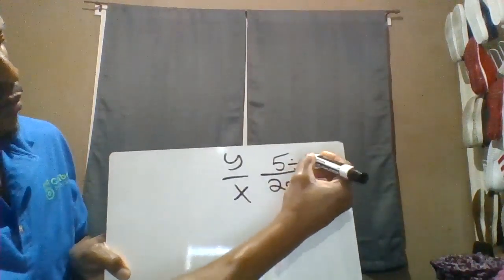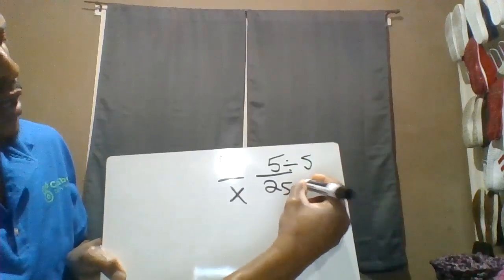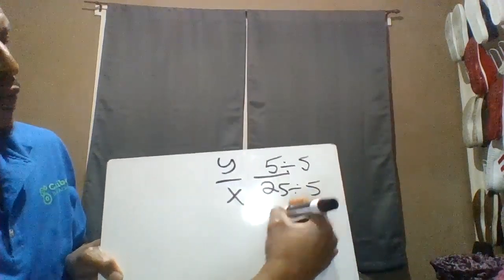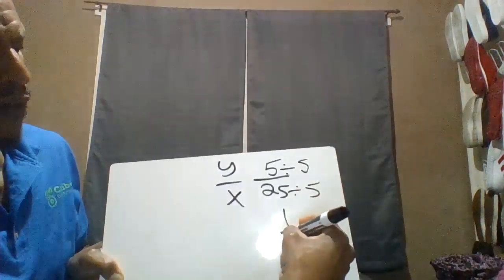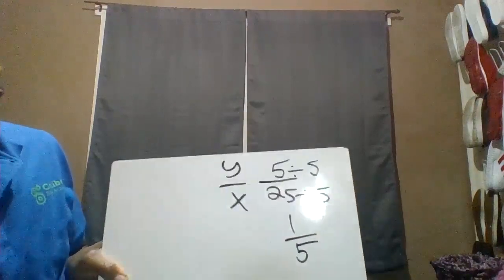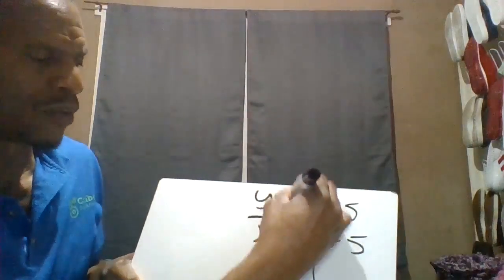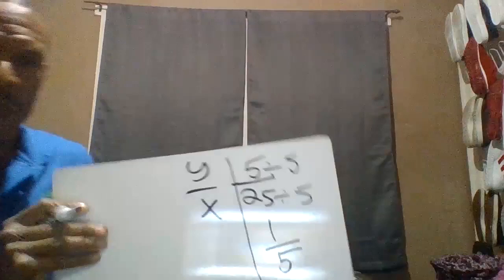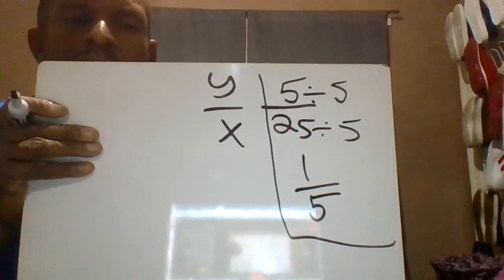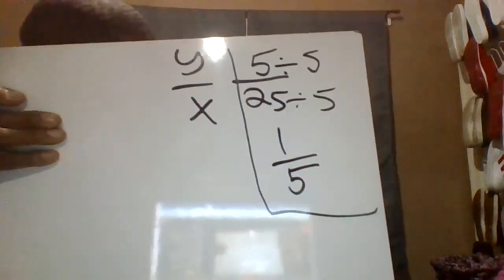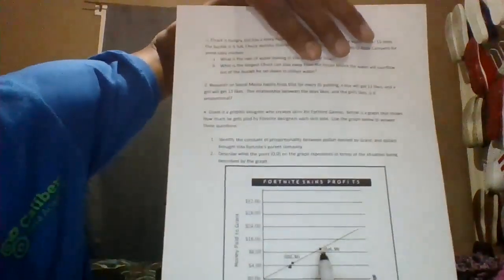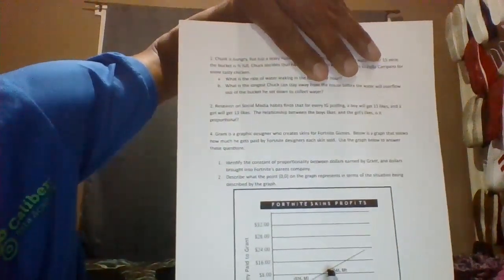One way to do this is use a smart cut. I'm going to hit it with a 5, hit it with a 5. Now I got 1 over 5. So I can stop there, and I will. Now let's take a look at the next point, the one that's right here. Let's take a look at those 2 values.